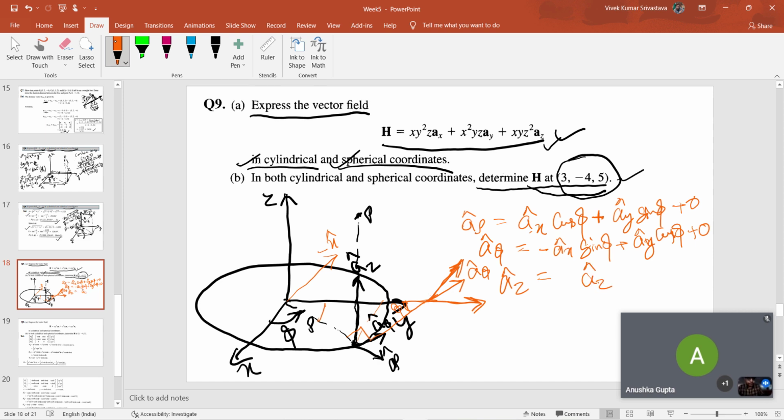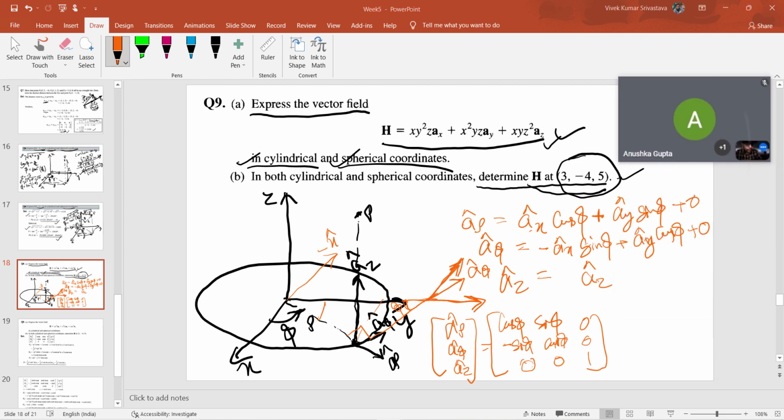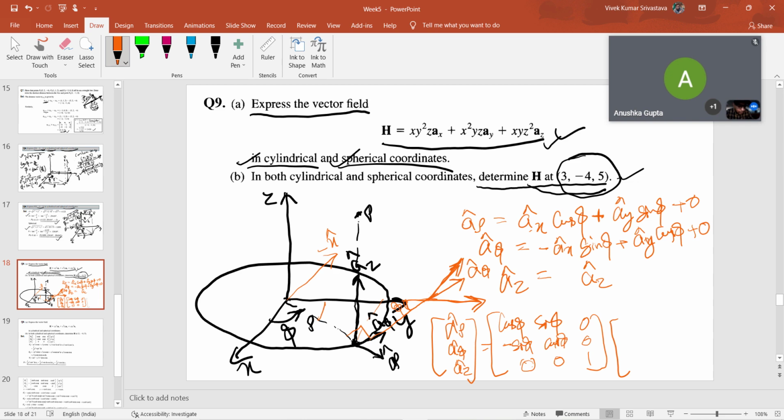So you can represent a rho, a phi and az as the matrix cos phi, sin phi, 0; minus sin phi, cos phi, 0; 0, 0, 1, multiplied by ax, ay and az.